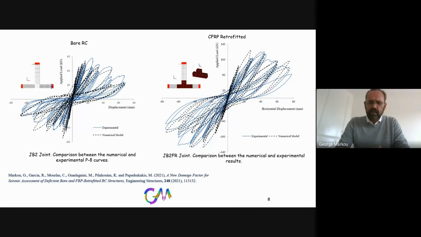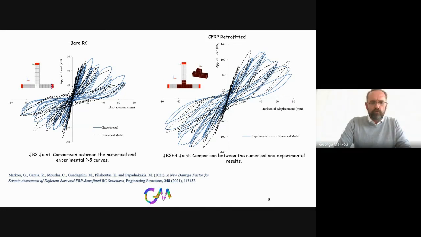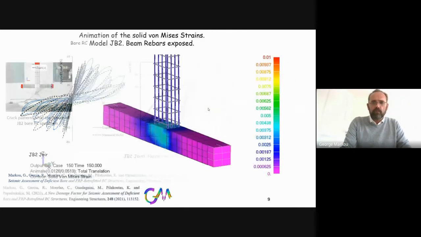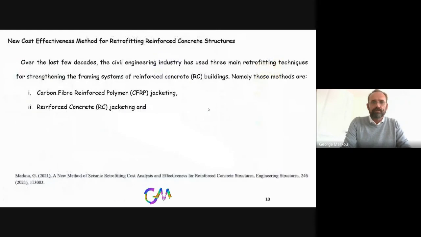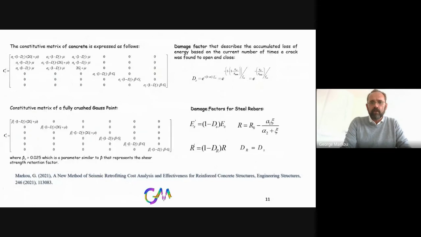But definitely, if you take into consideration the interface and the slippage that occur, you will be able to reach more realistic results. But it depends on the level of accuracy that you're looking for. And in our case here, we are looking for a model that will allow us to go to this type of models, like the one that we show here.